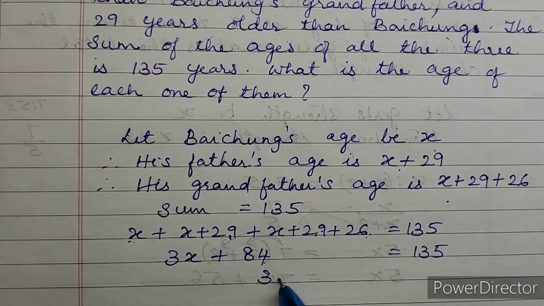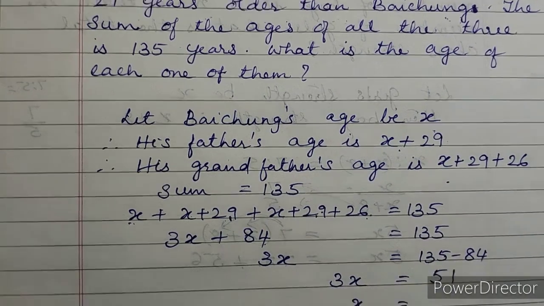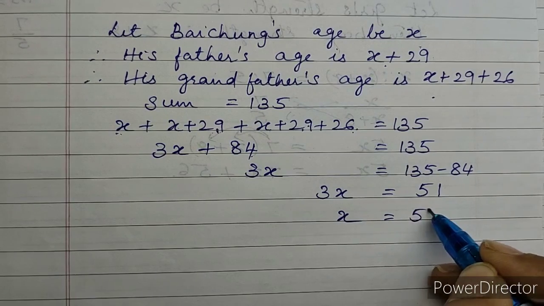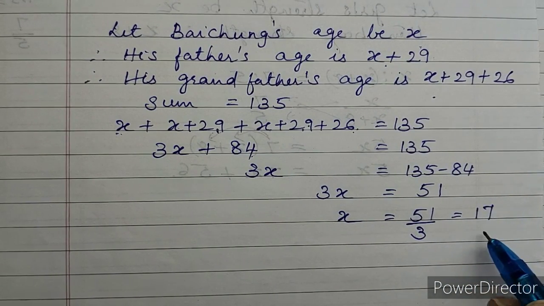Now 3x you have to find. 3x is equal to 135 minus 84. How much will it come? 51. So 3x is equal to 51. The next step is x is equal to 51 divided by 3, which is equal to 17.